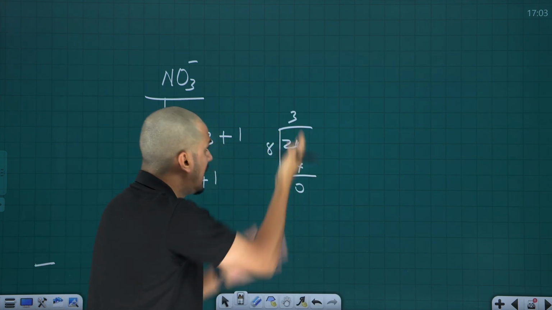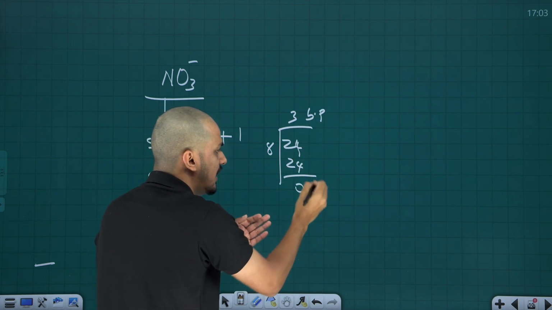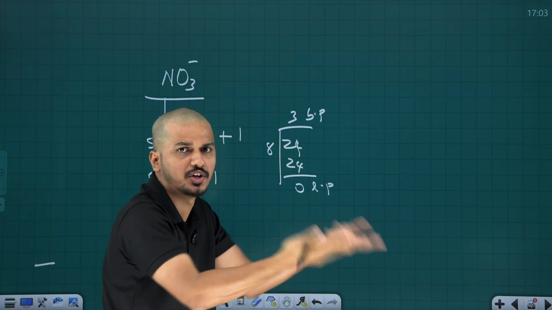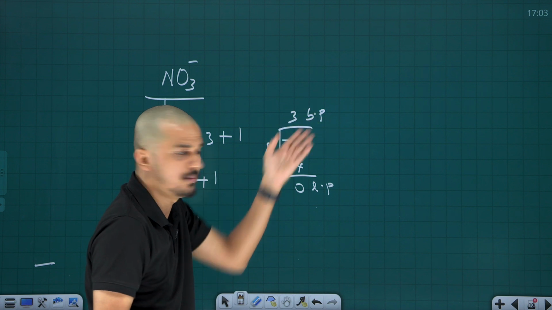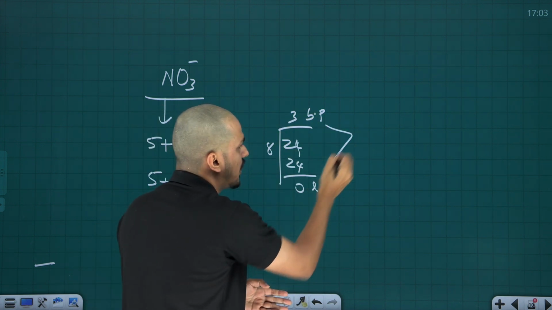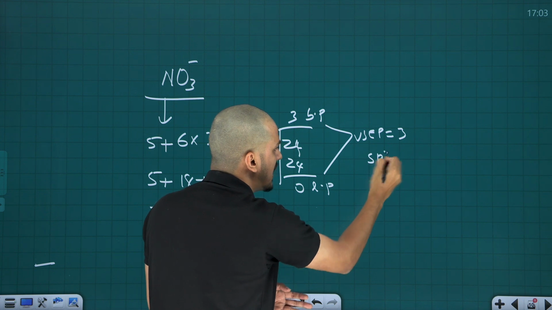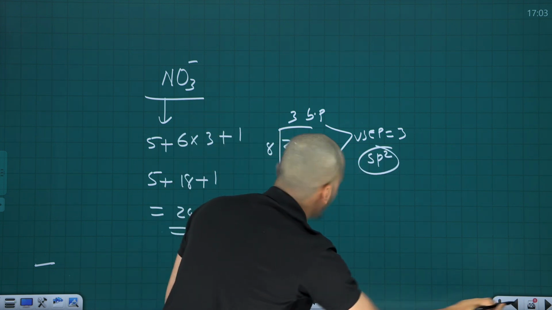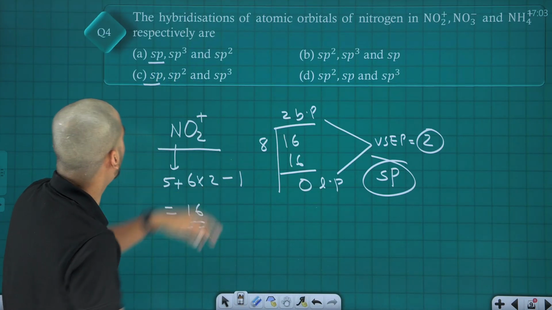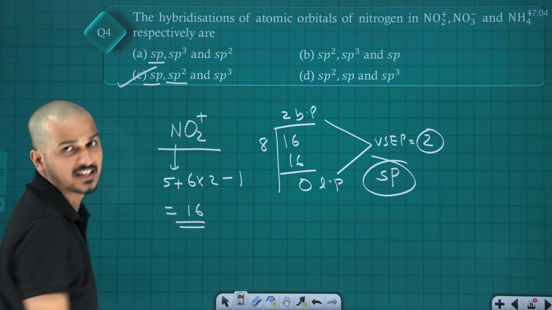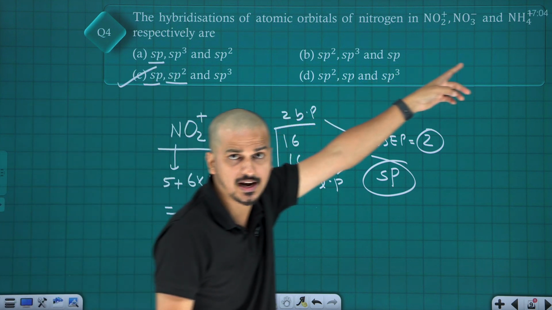Remainder is 0. The answer you get is bond pair, this one is lone pair. 0 means no need to make a pair. 3 bond pair, 0 lone pair. Adding, VSEPR number equals 3, which means sp2 hybridization. So the first one is sp, second one is sp2. So the answer is C.